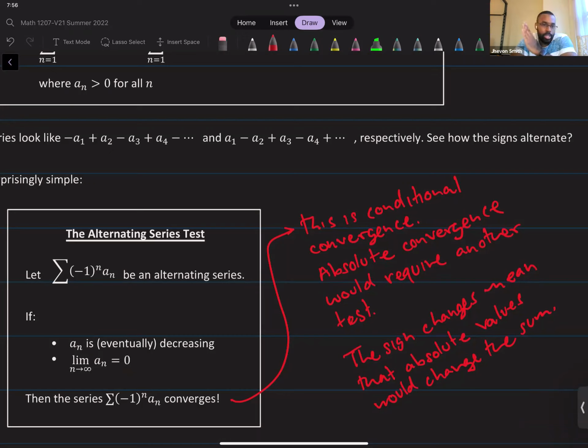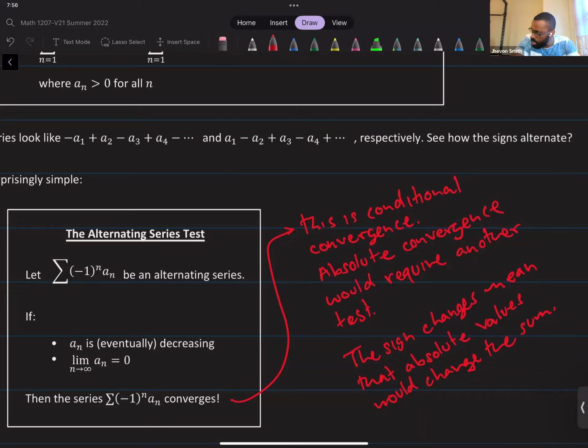If that happens after some point, and continues to happen forever after that, then all you have to do is do like the test for divergence.